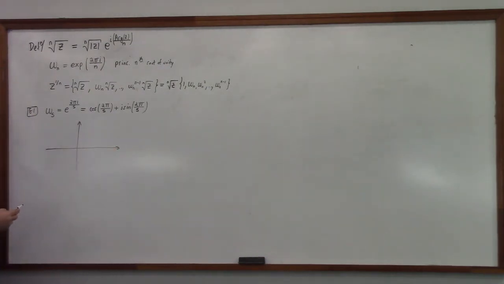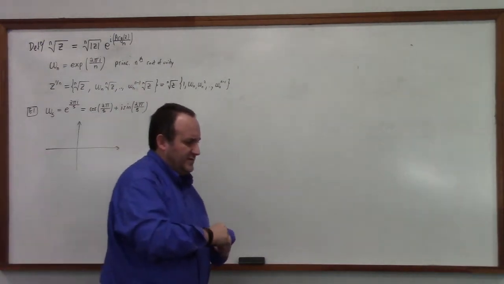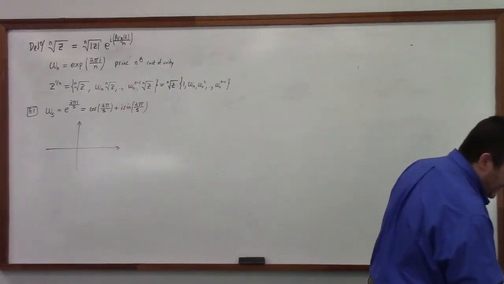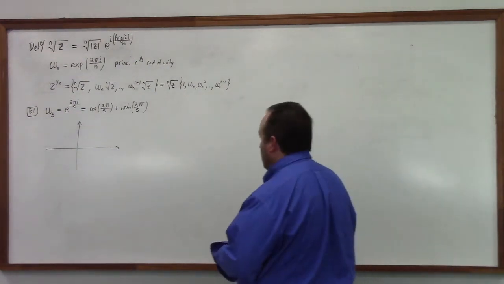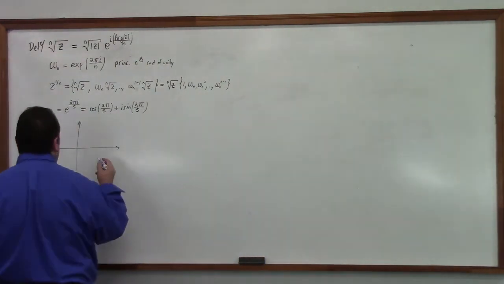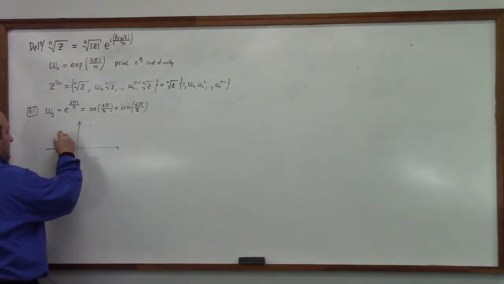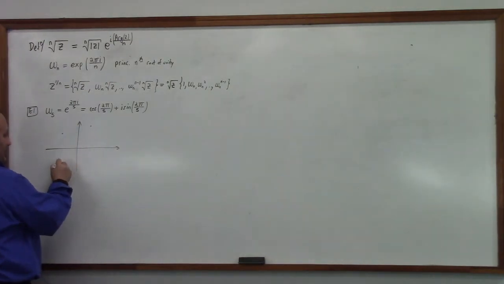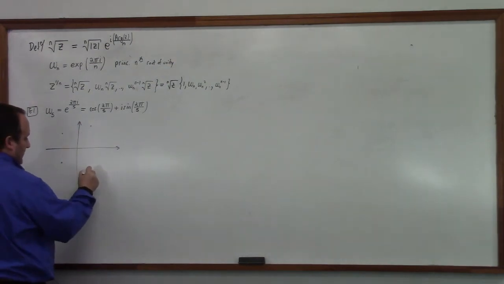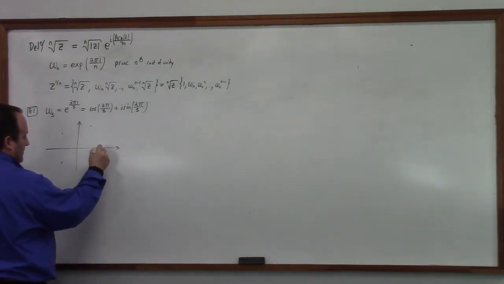So 2 pi over 5 is 360 over 5, which is what, in terms of degrees? 360 degrees divided by 5 is 72, I think. So it's roundabout here, and then you go another 72, you're over here, and then over here, and then of course you got here.